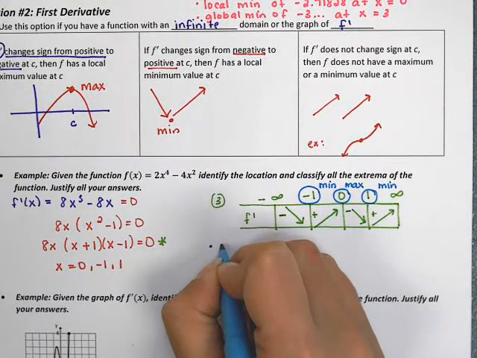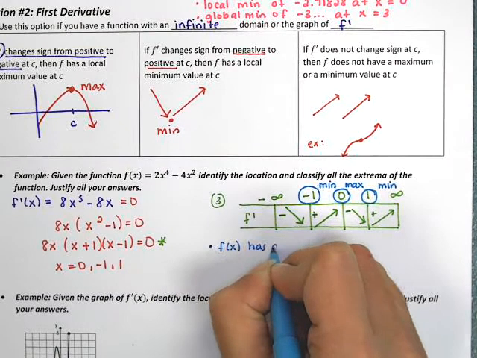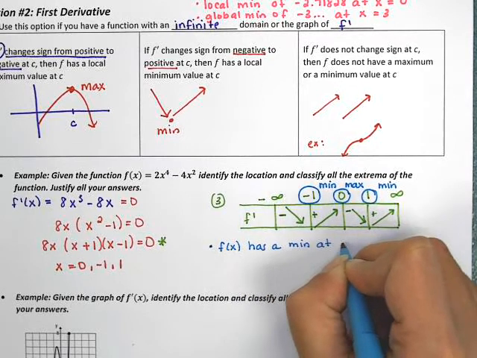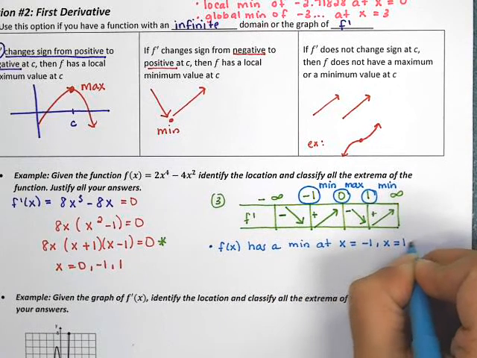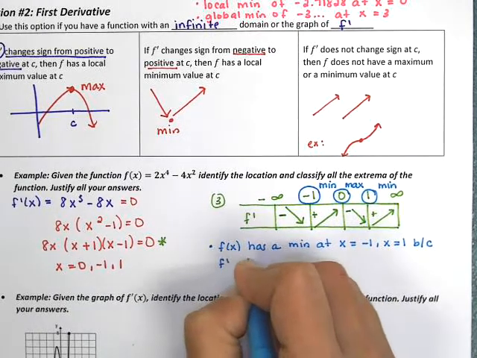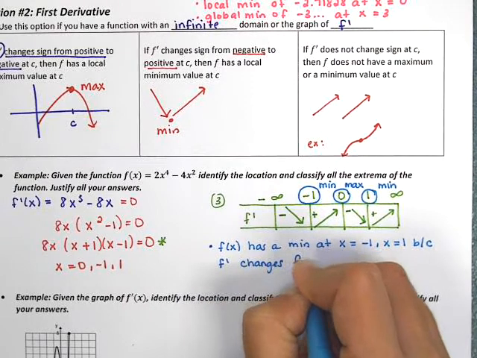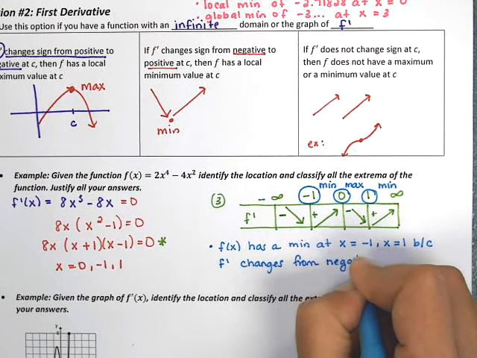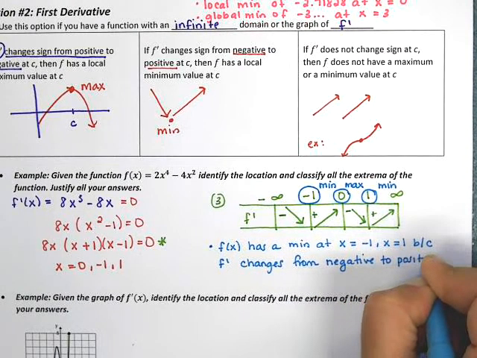So we would say f of x has a min at x equals negative 1 and x equals 1 because f prime changes from negative to positive.